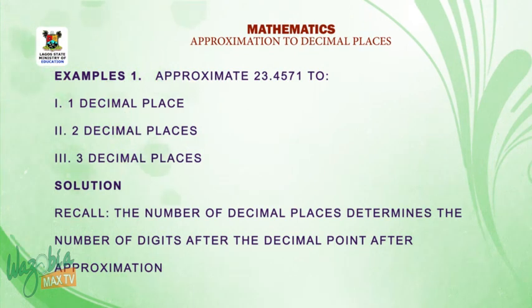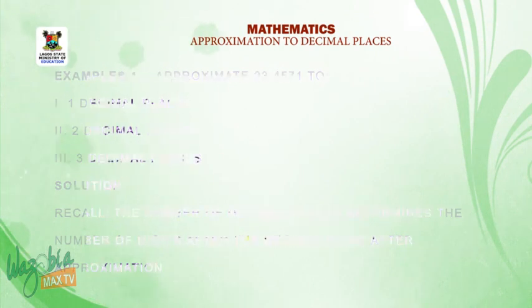Now let us take this one after the other. To 1 decimal place, it means we need 1 digit after the decimal point. Now recall that the number of decimal places determines the number of digits after the decimal point.